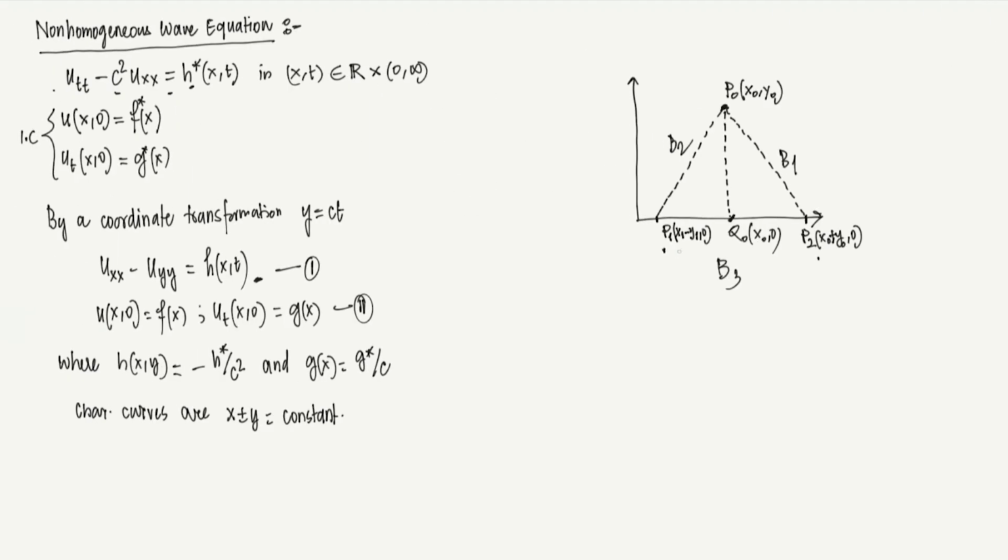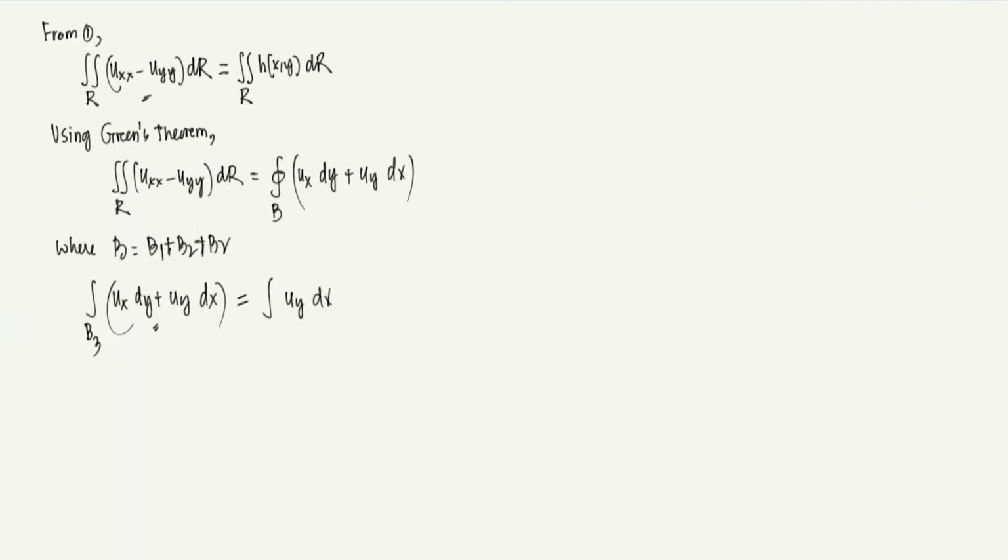X is varying from x1 minus y0 to x0 plus y0, right? What is x1? One second, I'm sorry. This is not x1. This is x0. This should be x0 minus y0 and 0. So this will be from x0 minus y0 to x0 plus y0. Clear?